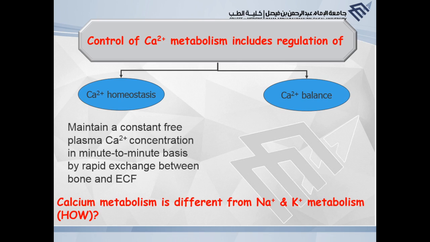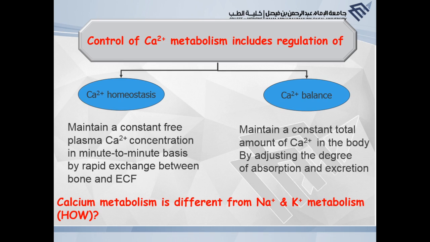Every second, the free form of calcium is regulated and maintained through the exchange of calcium between the blood and the bones, because bones are the storage house for calcium and 99% of the body calcium is present there. So this exchange between the bone and the extracellular fluid is taking place every second so that calcium is maintained at a normal level, and this is done through the parathyroid hormone.